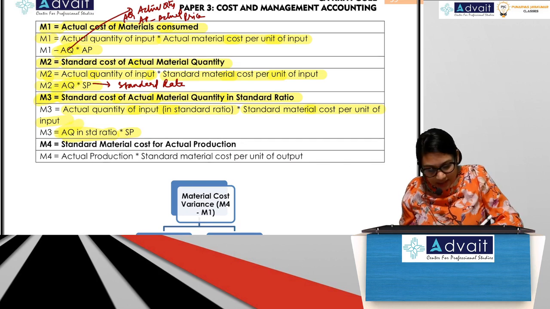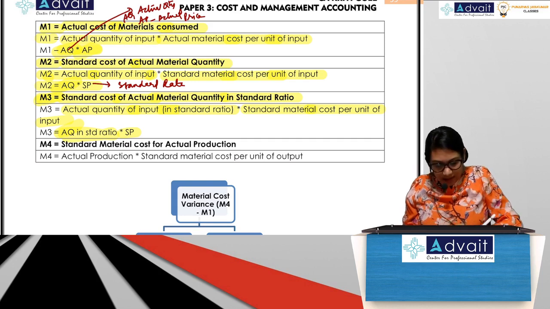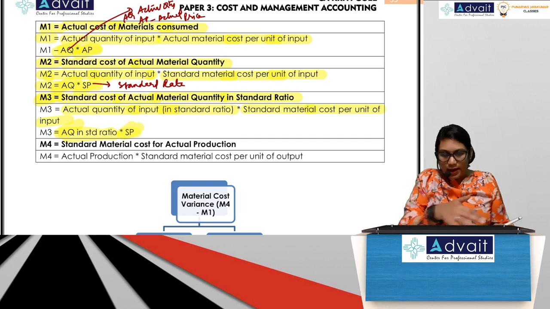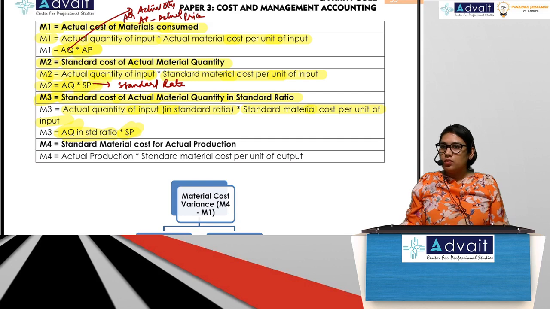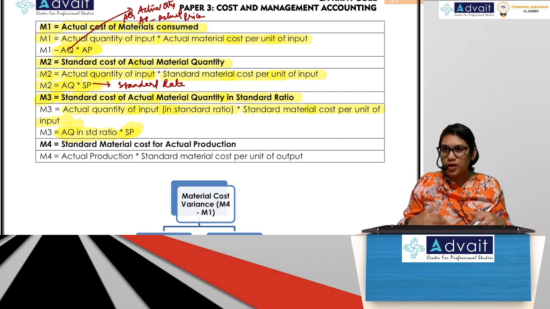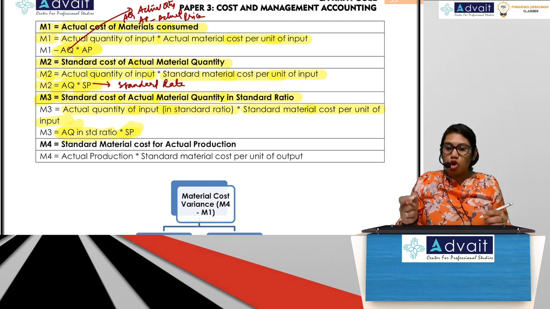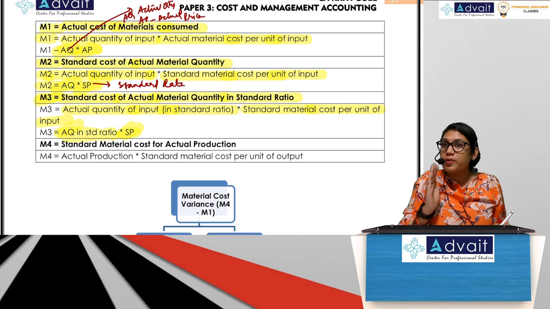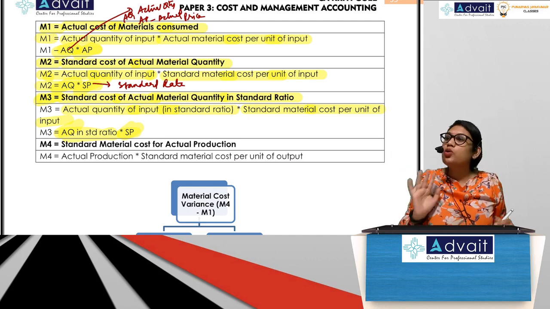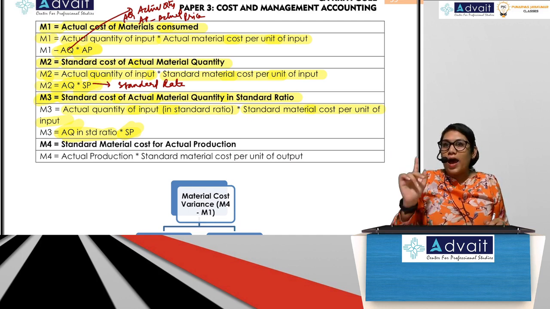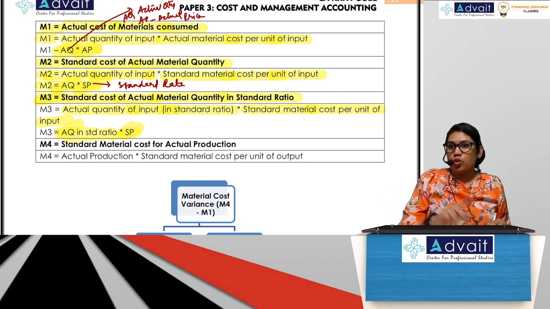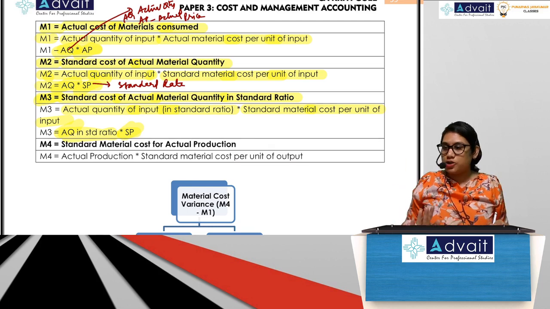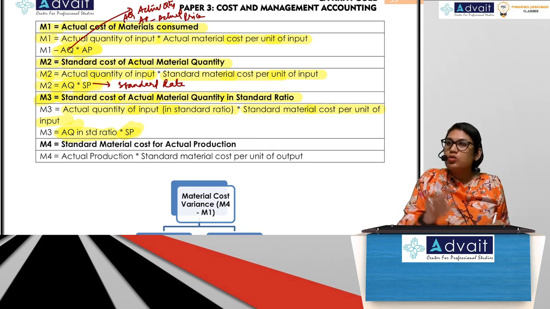But see here, AP is only used here. SP, SP. And going forward also we will see what to do. So which is more important between the two? That's what I'm trying to tell you. So for M3, the standard ratio has to be maintained, but it is still actual quantity only. So actual quantity, not an actual ratio. Actual quantity and standard ratio into standard price.